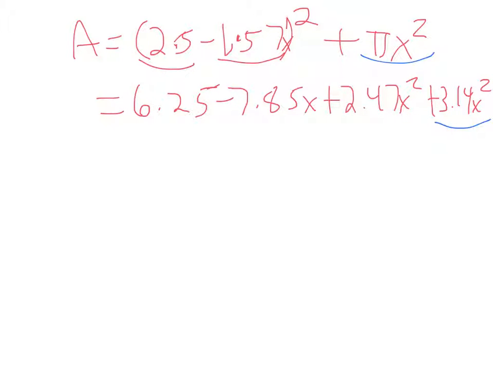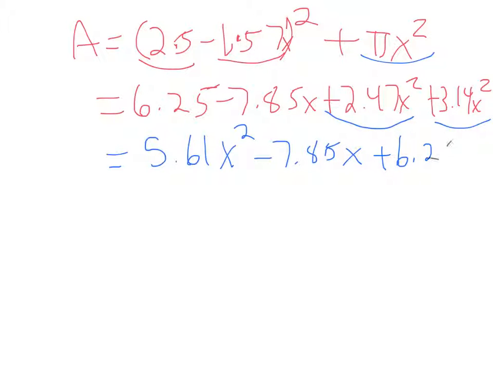After this, I collect like terms. So I had 2.47x squared plus 3.14x squared, and that will simplify to 5.61x squared minus 7.85x plus 6.25.